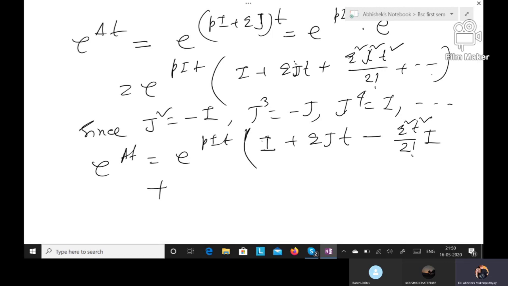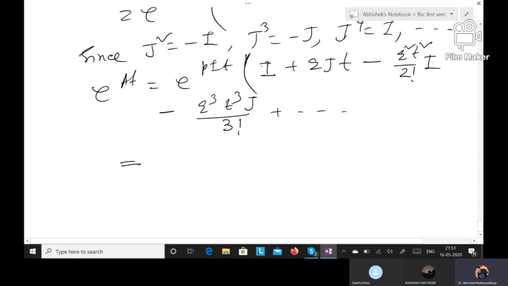Now J cube is minus J, so this one is minus q cube t cube by 3 factorial J, and so on.